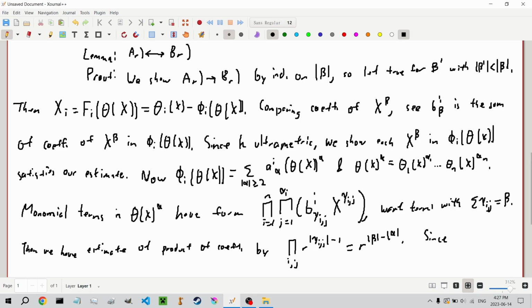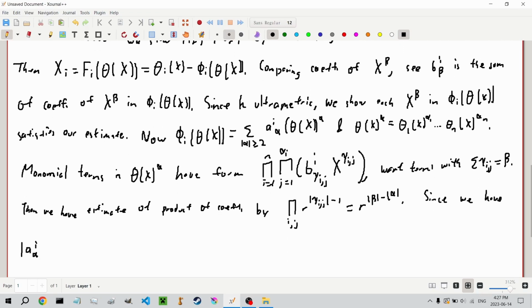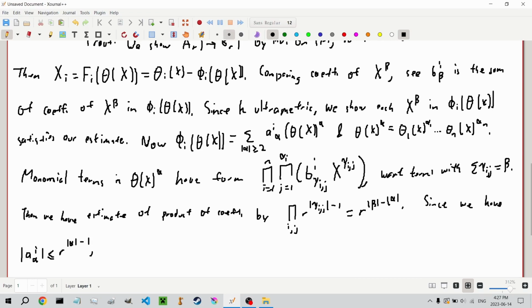Then since the size of each a sub alpha to the i is at most r to the size of alpha minus 1, we get the estimate of r to the beta minus 1 for the coefficients of x to the beta in phi sub i of theta of x.